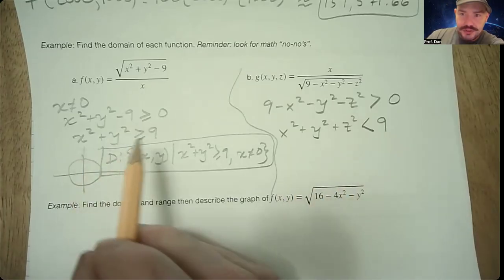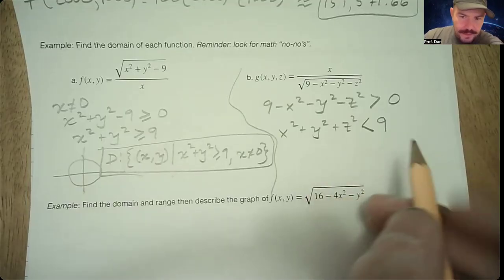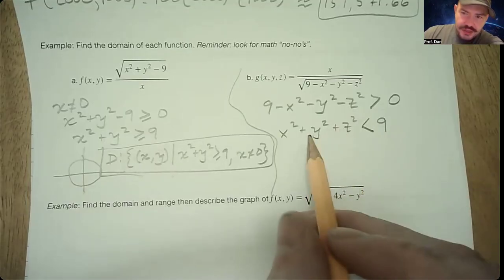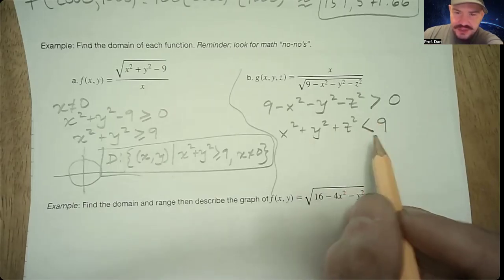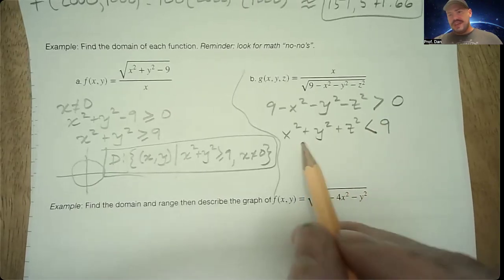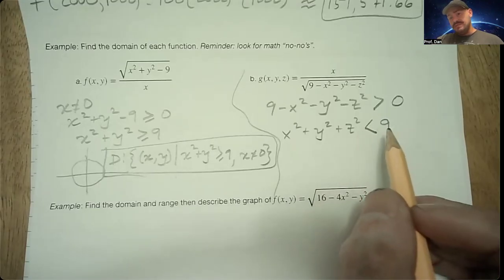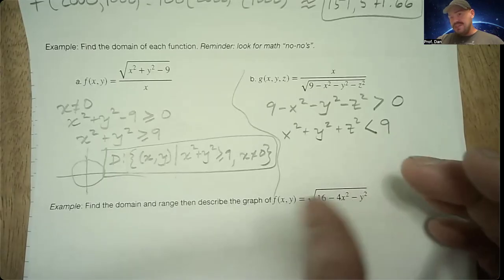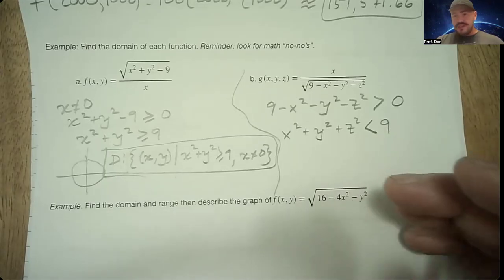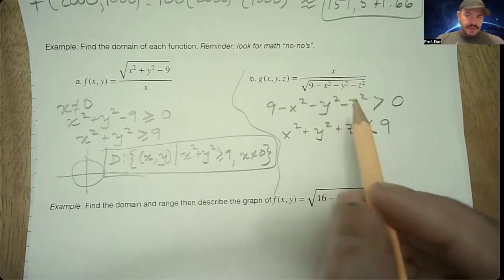So this was a circle with a radius of 3. This is a sphere with a radius of 3. And because this says less than, that means that we can take coordinates x, y, z that are inside of the sphere. Since there's not an or equal to, that would not include the sphere itself. So if a point is on the sphere, it's not in the domain of this function.